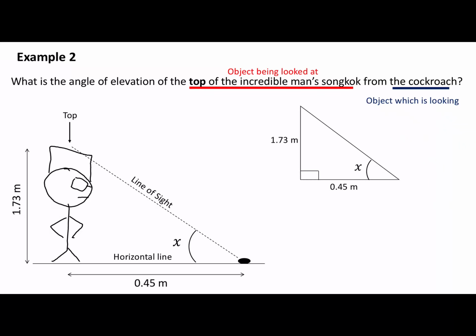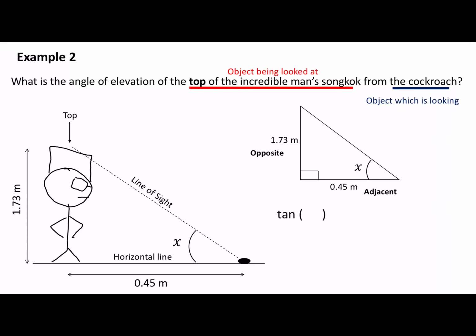So focus on the angle and tell me which side is opposite to angle X, which side is adjacent to angle X, which side is hypotenuse to angle X. 1.73 is opposite and 0.45 is adjacent. We don't need to use the hypotenuse because we don't want to find it. So what function uses opposite and adjacent?